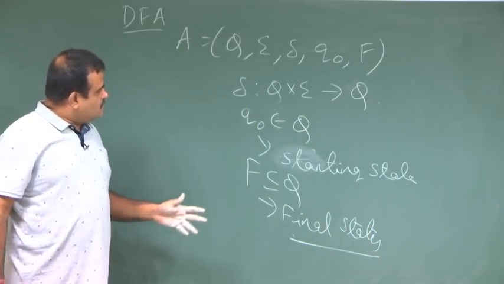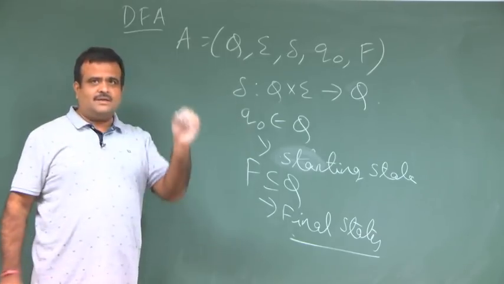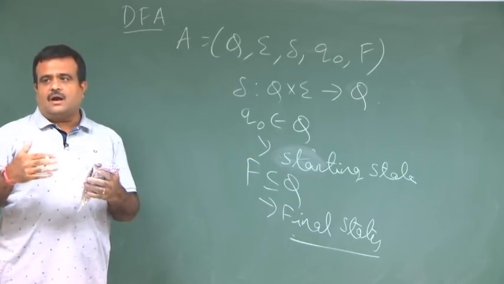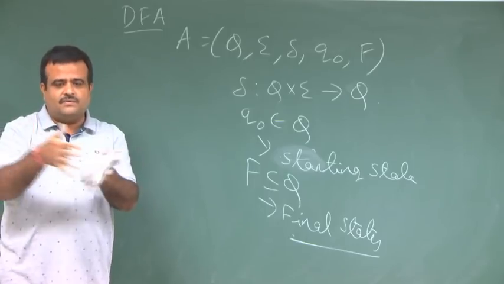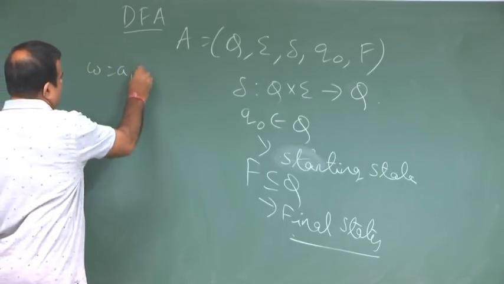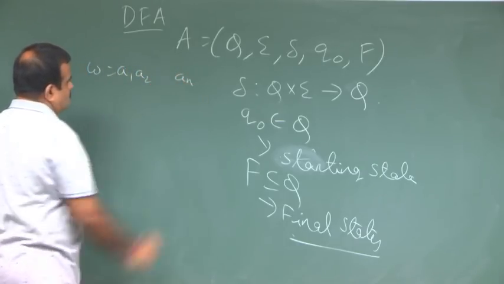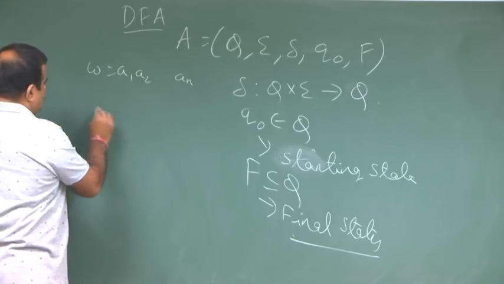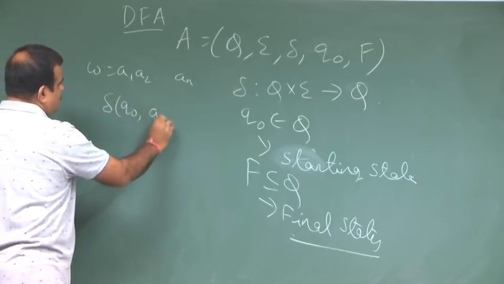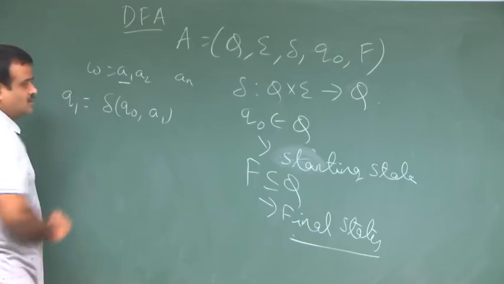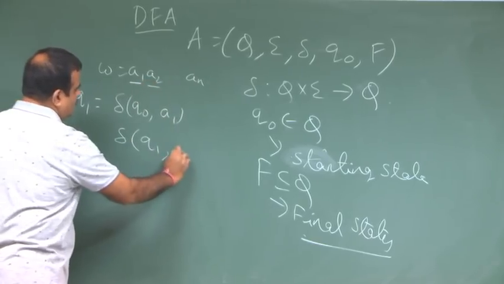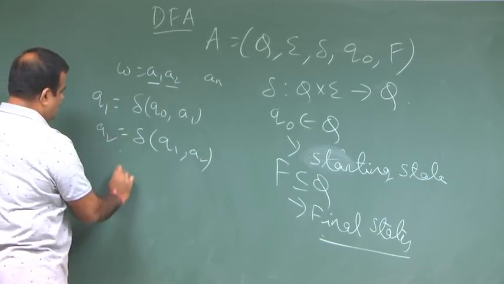Now this delta is defined on a single input. Now we have seen how we can read a string, a sequence of input, by a DFA. Suppose you have a1, a2, up to an. We start from the starting state. We first read a1, suppose it reaches q1. Then at q1 we read a2, suppose it goes to q2, and so on.